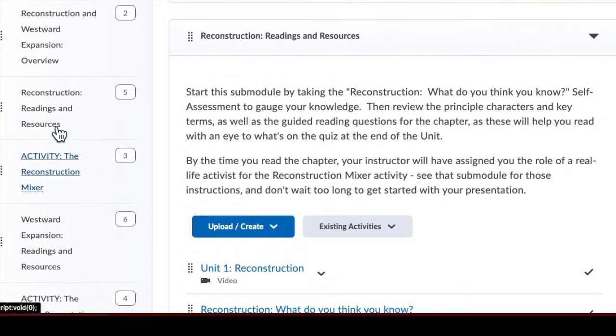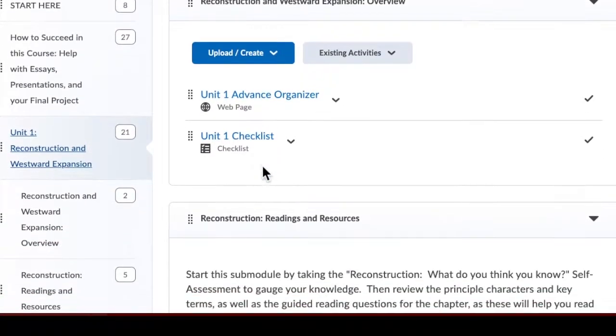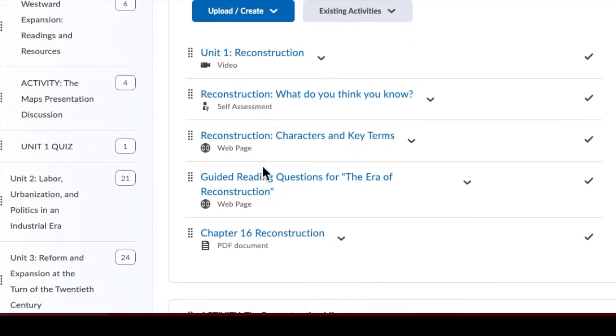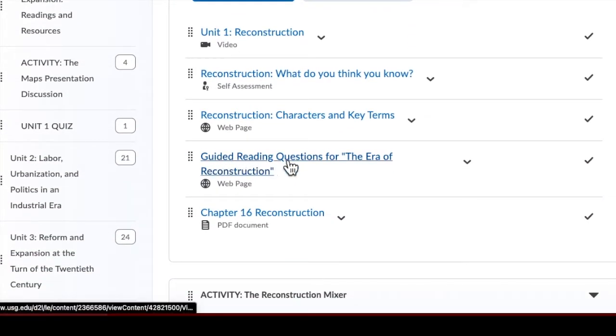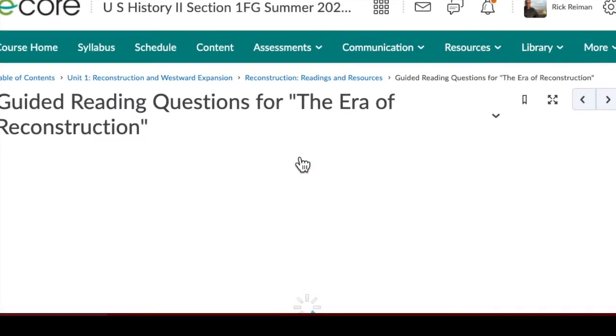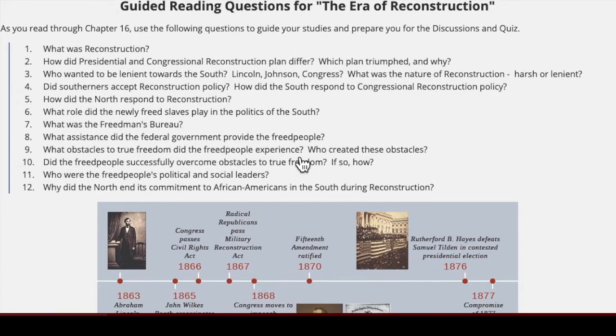If you click on that and you go up to the top of the page, actually not quite the top of the page, you'll see that there are guided reading questions for the era of Reconstruction. This is something that every unit has, guided reading questions for that unit. If you open that up, you see specific questions for Reconstruction.